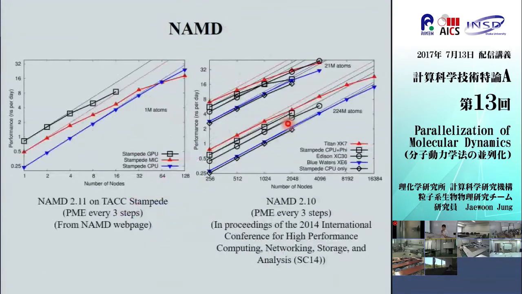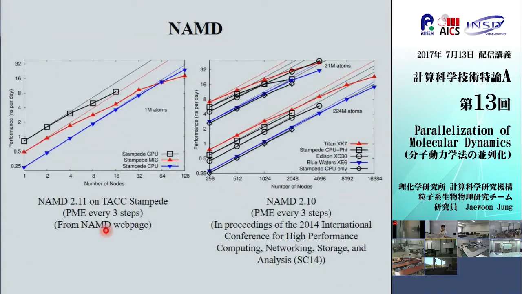This is the most recent benchmark result of NAMD. The left one is for a 1 million atom system, and the right one is for the 21 billion atom system and the 224 billion atom system. In this case also, NAMD makes use of GPU.